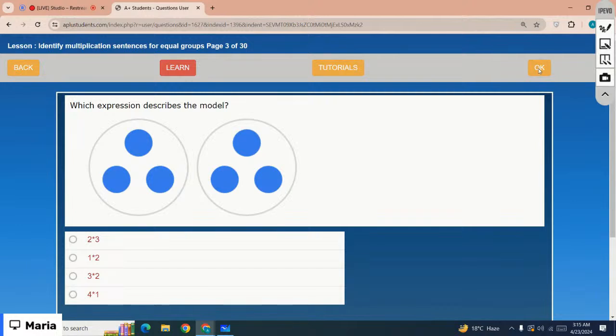Which is the correct option? Yes, that is 2 times 3. Option number 1 is the correct option. Very good.